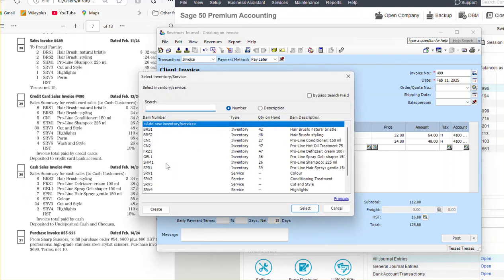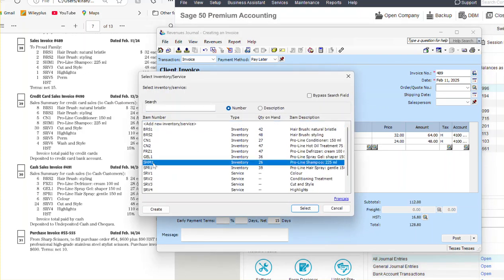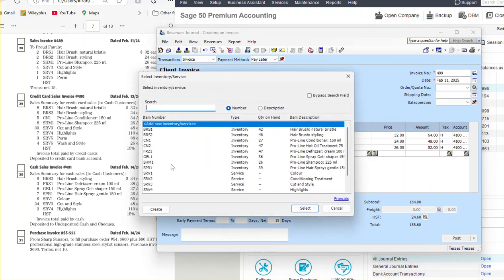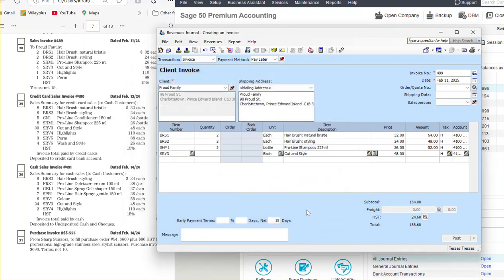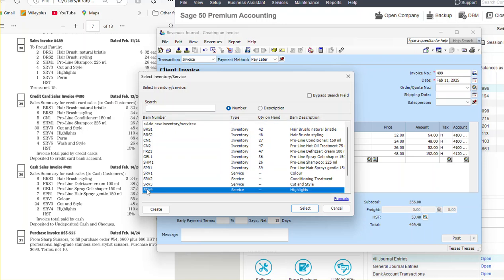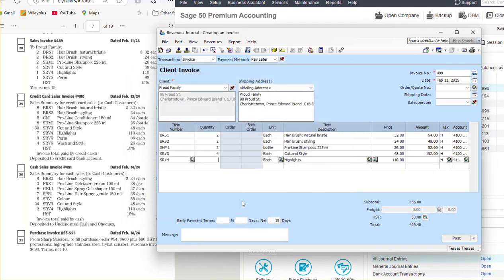It is SHM1, and that is 2. Go to the next line. SRV3, and that is 4. You go to the next one, that is SRV4, and that we have 1.